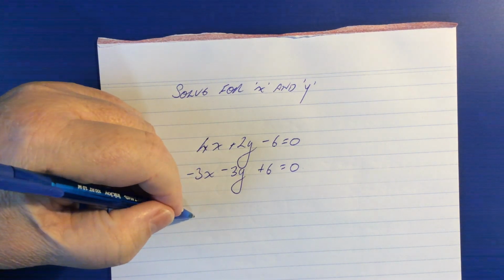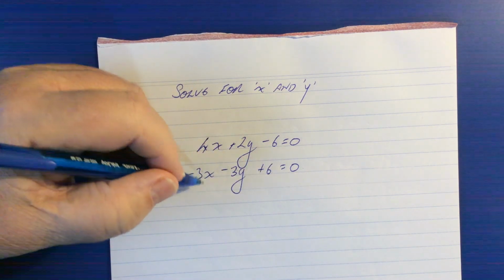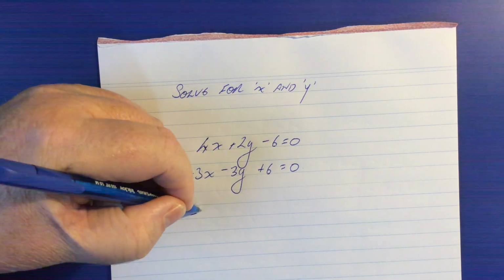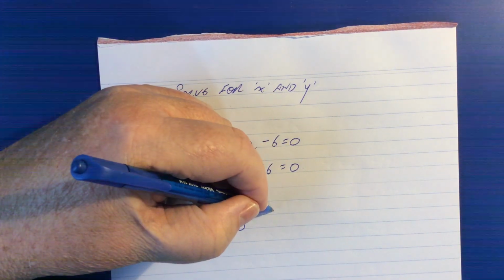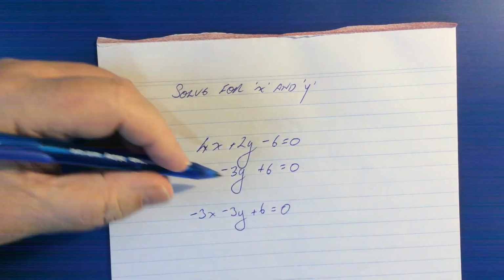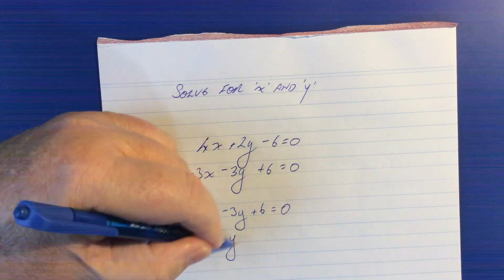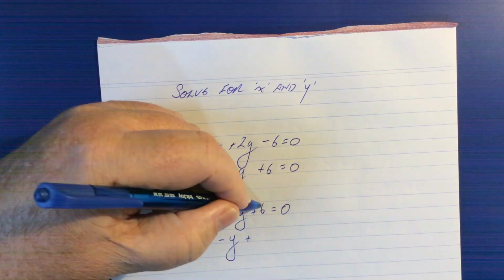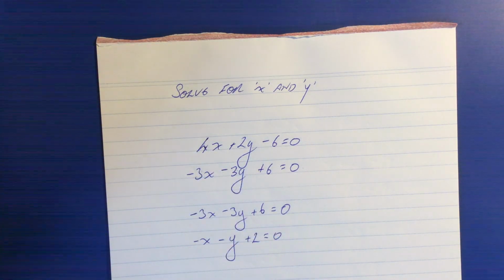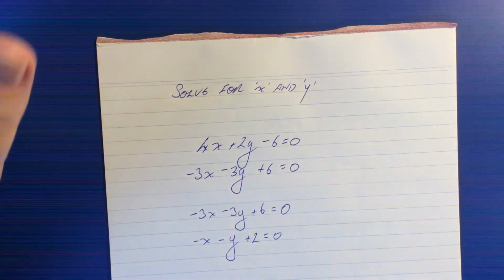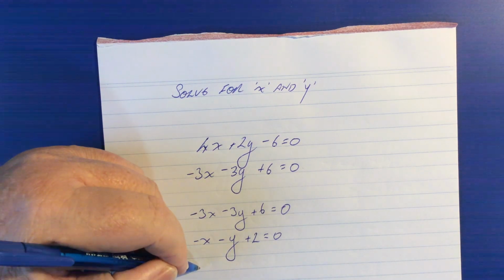So let's just take this bottom equation here. Negative 3x minus 3y plus 6 equals 0. Now if we divide this through by 3, we get negative x minus y plus 2 equals 0. Now a little bit of rearranging, and we can get something quite valuable out of this.